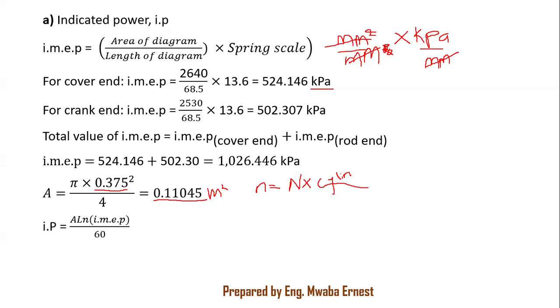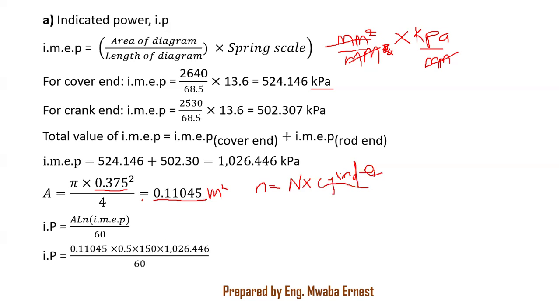If it's a four-stroke cycle engine, you divide this by 2, then you multiply by the number of cylinders. So in this case, looking at the information provided so far, we're taking it that it has one cylinder. And at the same time, it's not a four-stroke. If it's a four-stroke, it should have been specified. So we take our small letter n as being equal to n times 1. We'll see as we replace them.